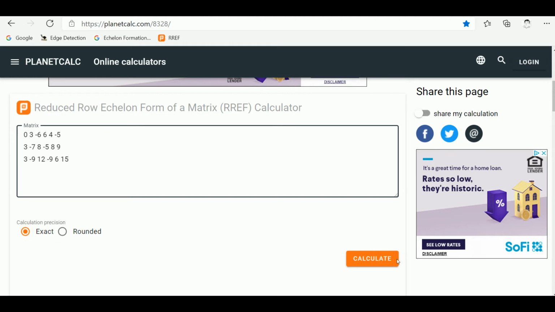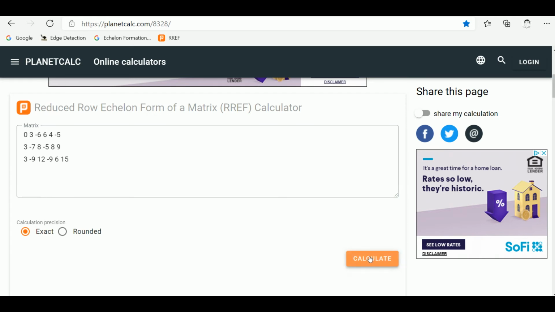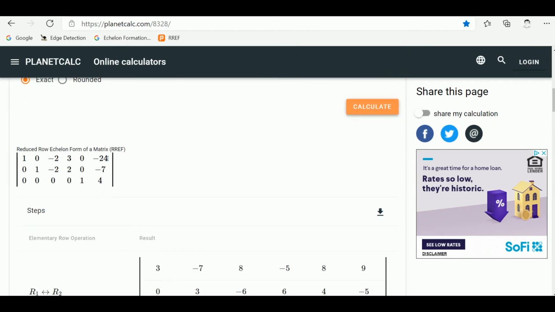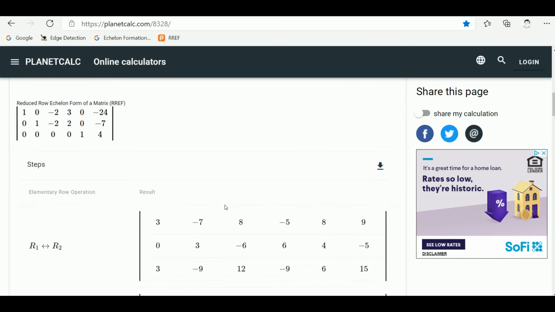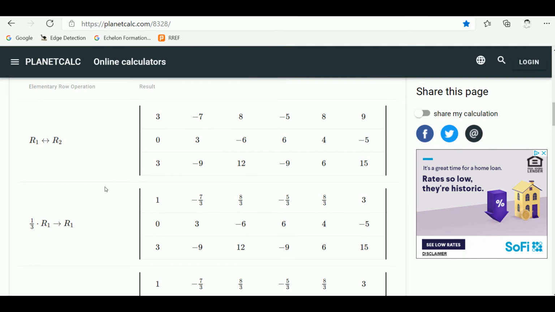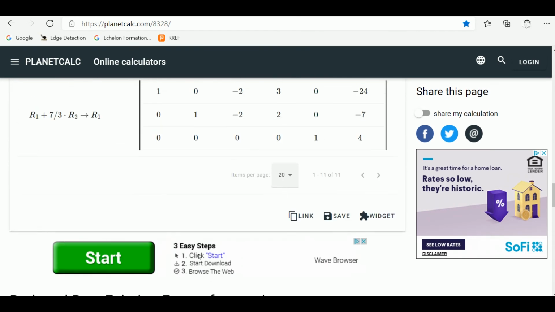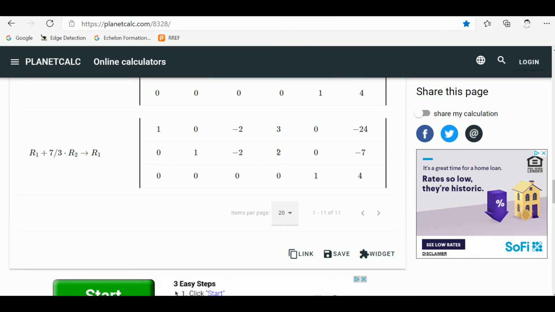When we're done, just hit calculate. It will give us the reduced row echelon form for the matrix. So if you don't have a calculator, you can use this website, which will be available when you take the test. This is the only website we can use. Of course, these are the steps that they do to get to the final answer.